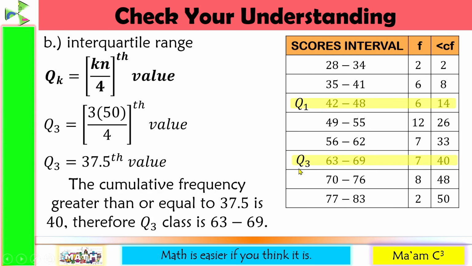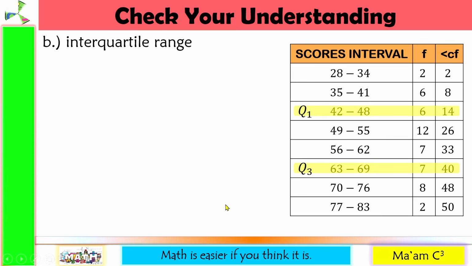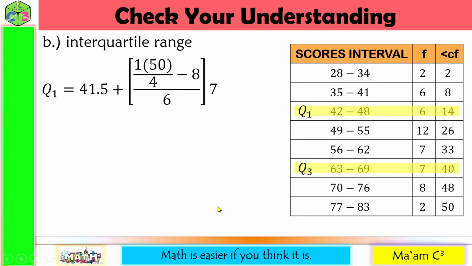Now that we already know Q sub 1 and Q sub 3, we can compute for its value. For the first quartile, we need this formula. Q sub 1 is equal to 41.5. How come? Because this is the lower class boundary of the first quartile class. This is 42. 42 minus 0.5 is 41.5. Next, this is 1 because first quartile.